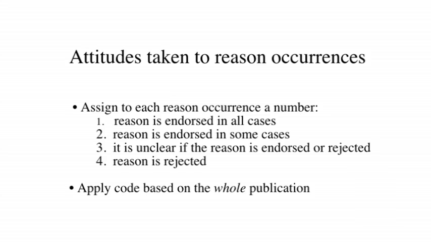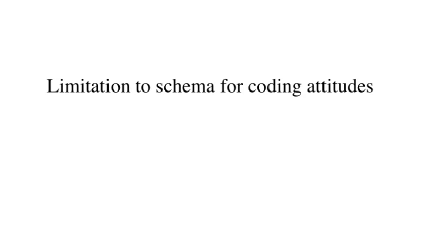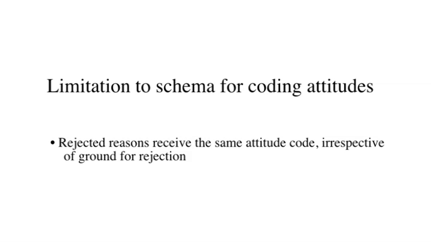Now, the number code needs to be applied on the basis of the whole publication, not just the quotation expressing the reason. Where the author's attitude to a reason changes, the context and order should be used to decide which attitude is authoritative. The application of these codes raises a number of complex issues that we discuss in our paper.